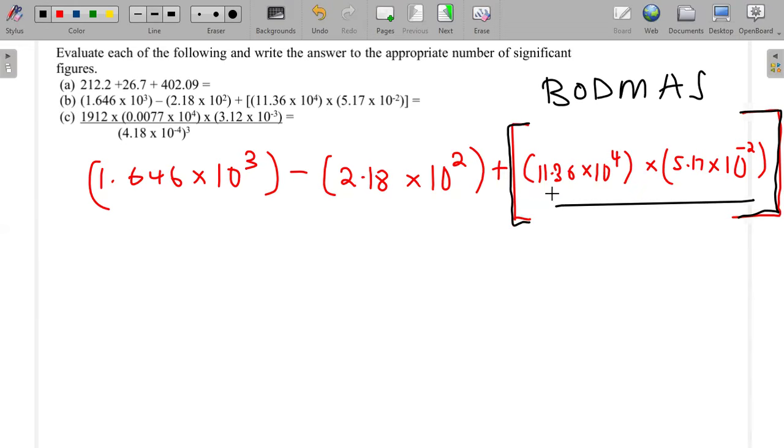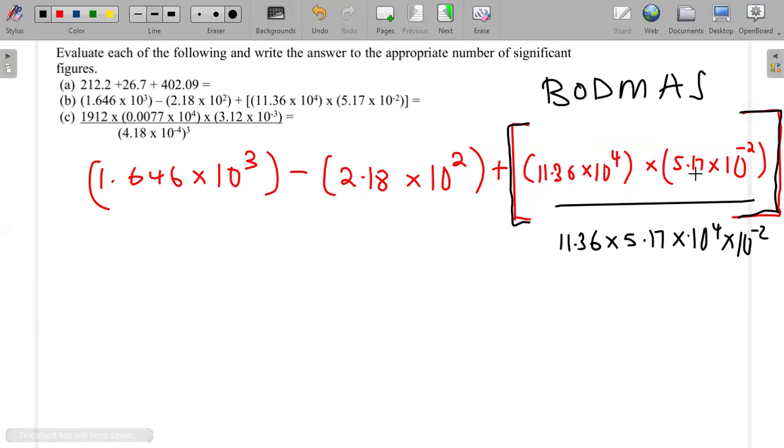So here I have 11.36 multiplied by 10 to the power 4 multiplied by 5.17 times 10 to the power minus 2. I can remove the brackets here and just write this as 11.36 multiplied by, and then I bring this one closer, 5.17 multiplied by 10 to the power 4 multiplied by 10 to the power minus 2.